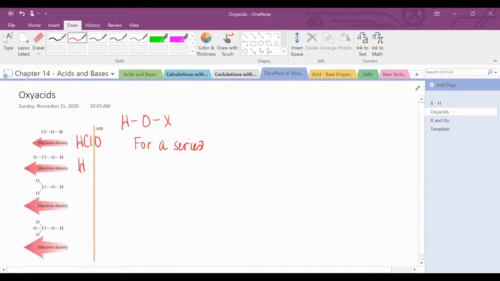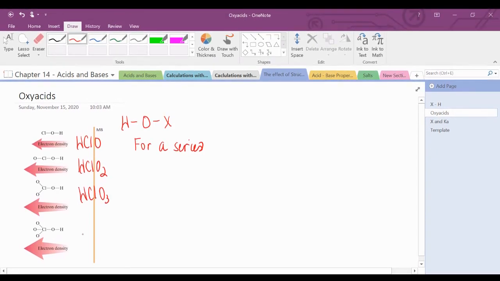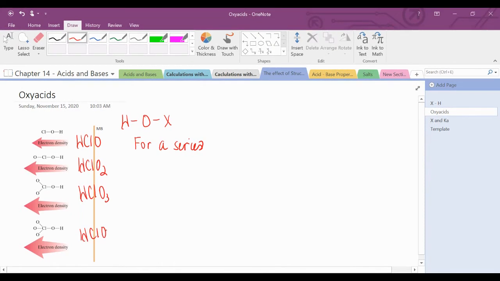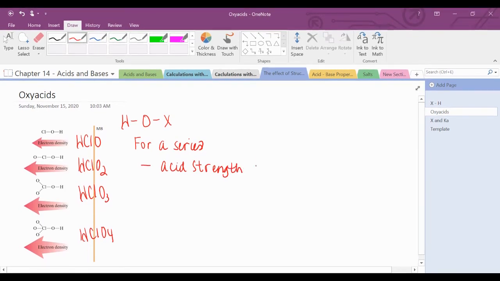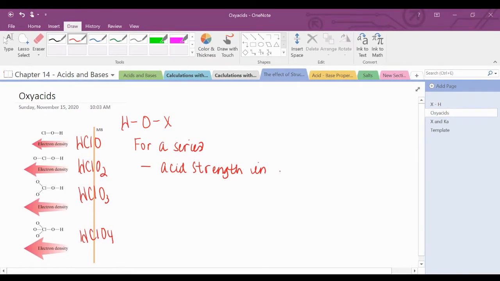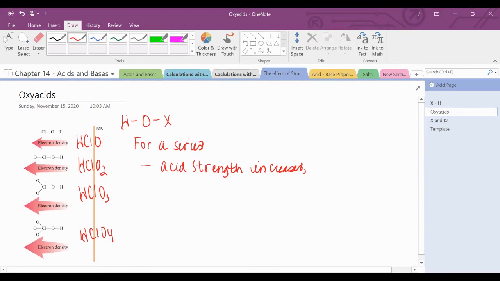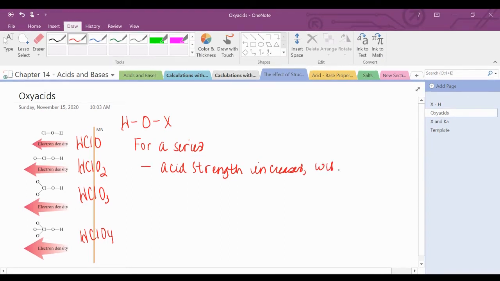I have hydrogen, 1 chlorine, and 2 oxygens. Hydrogen, 1 chlorine, and 3 oxygens. Hydrogen, 1 chlorine, and 4 oxygens. So this would be a series. And what we notice for the series is that the acid strength increases with an increase in oxygens.